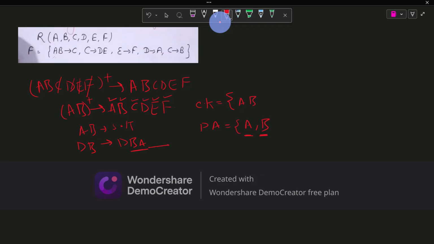So let's see if D alone can determine anything, because we know that a candidate key is a minimal super key.